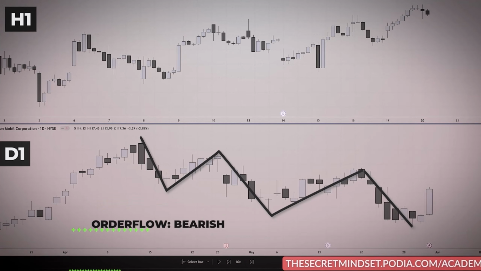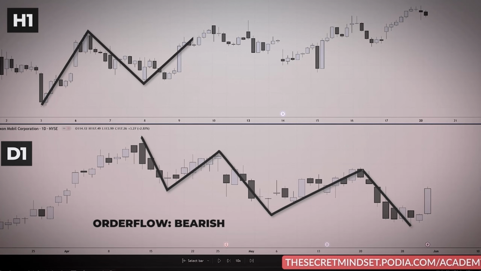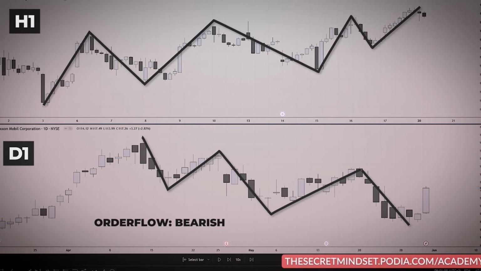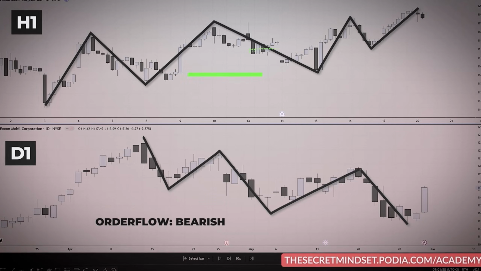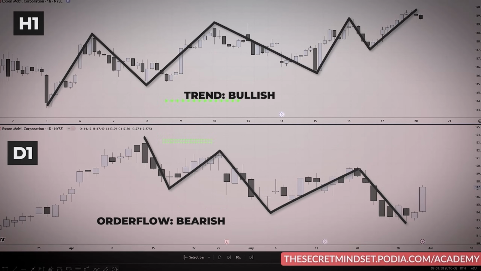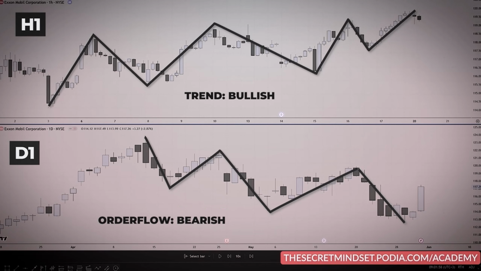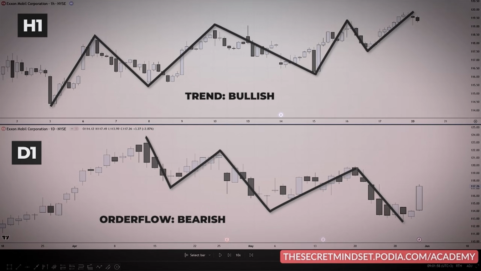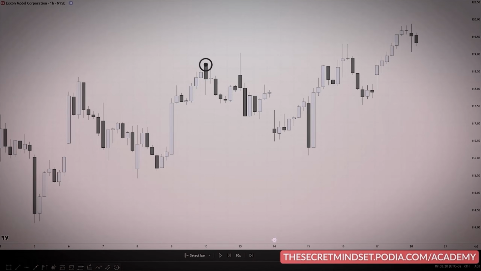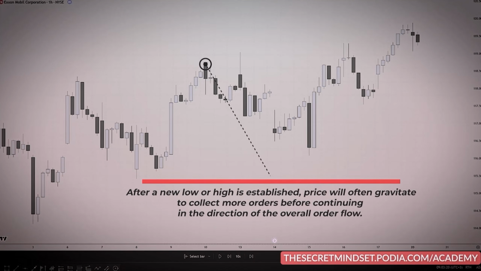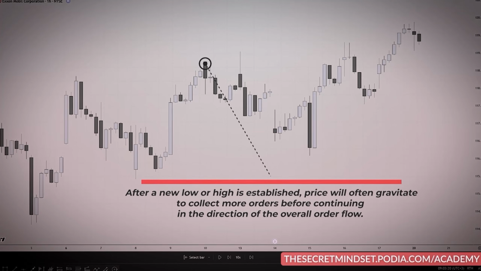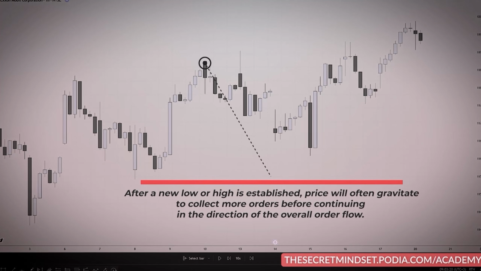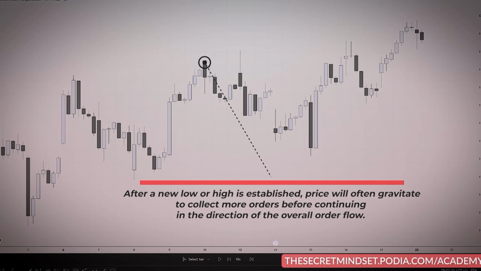However, when we zoom into the 1-hour chart, we see that the current trend is actually making higher highs and higher lows. This is a common scenario that occurs when the order flow is pulling back. After a new low or high is established, price will often gravitate to collect more orders before continuing in the direction of the overall order flow.